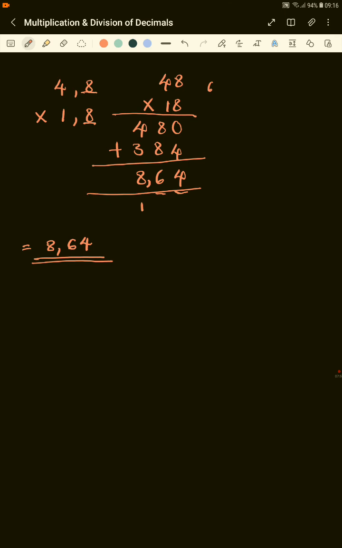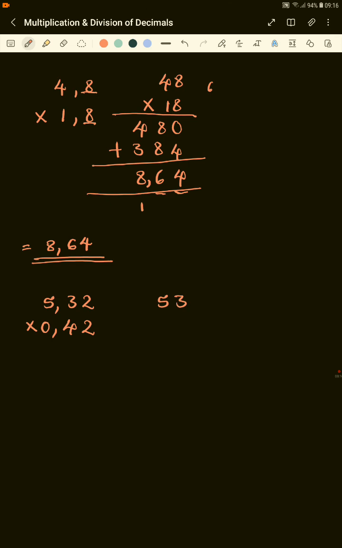We're going to look at another example of multiplication. We're going to say 5,32 times 0,42. Here we treat them as whole numbers.